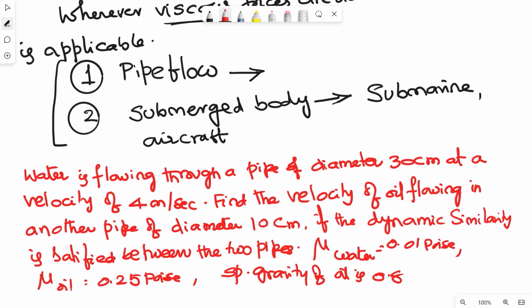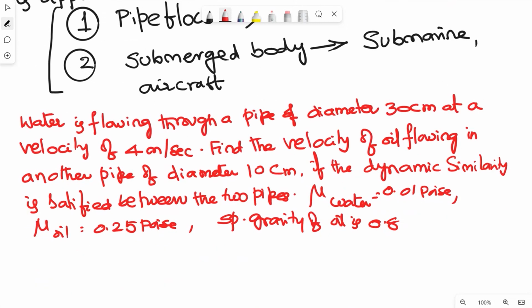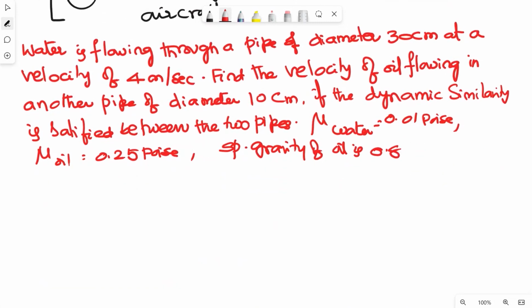Water is flowing through a pipe of diameter 30 centimeters at a velocity of 4 meters per second. Find the velocity of oil flowing through a pipe of diameter 10 centimeters if the dynamic similarity exists between them. Let us take pipe 1 first.